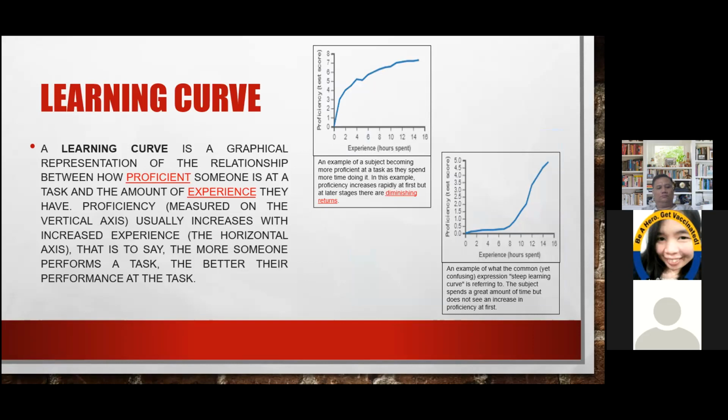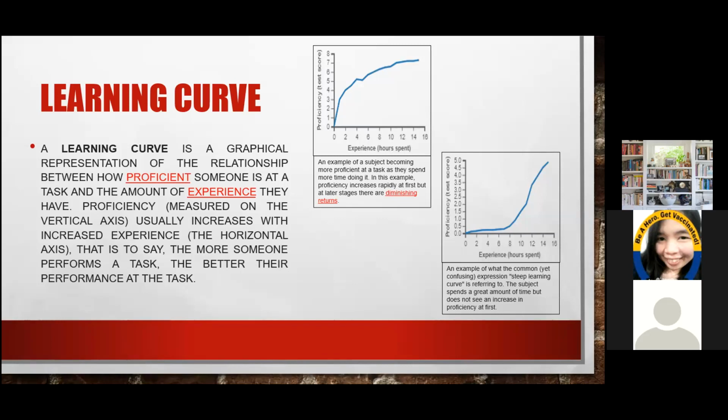Ito po yung sinasabi ko kanina na ma-measure yung organizational learning gamit po itong learning curve.